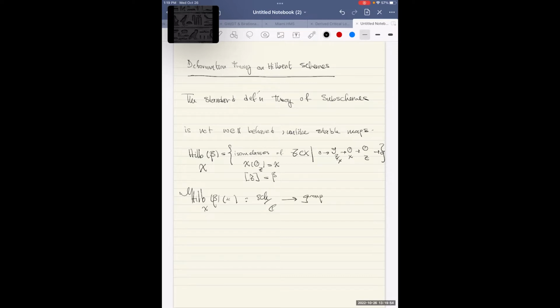As soon as you give me one of these S over C, it gives me an S family of Z in X with those properties.